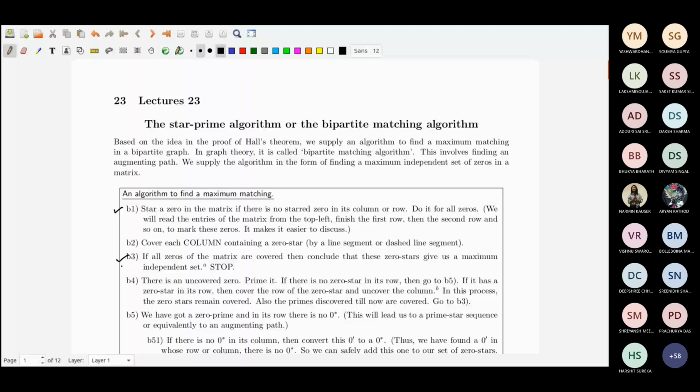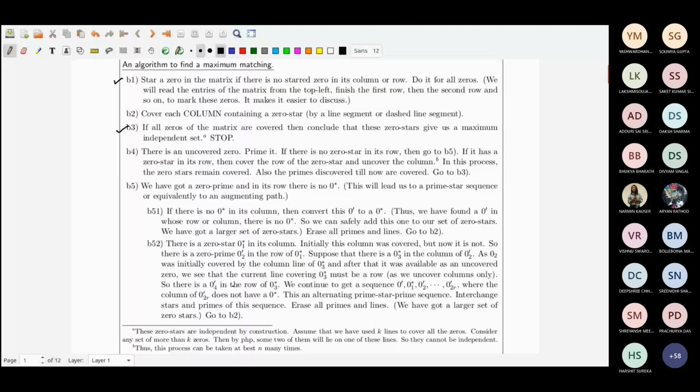Okay, so that is when you come to B5. Okay, so if there is no 0 star in its row, then you follow the algorithm. What it says, you check whether you have a 0 star in its column. If there is a 0 star in its column, remember that in the beginning all the 0 stars were covered by the columns. So this column was there, but it has been removed. In the past, it basically means there was another prime in that 0 star's row.